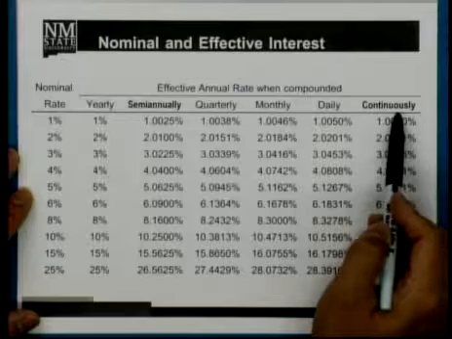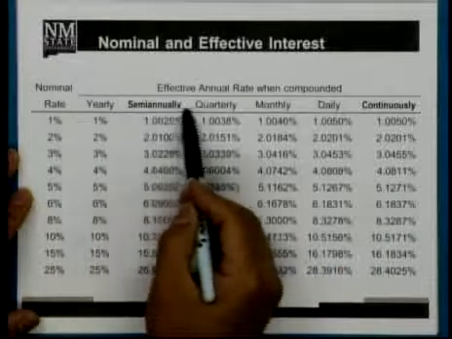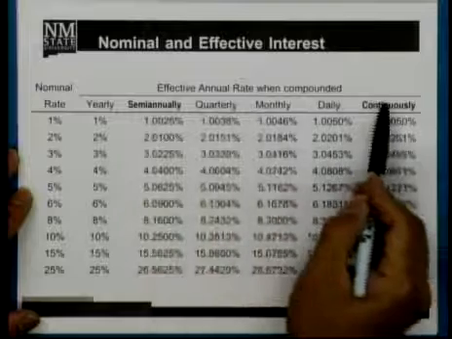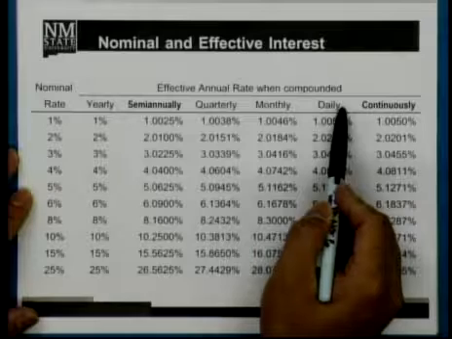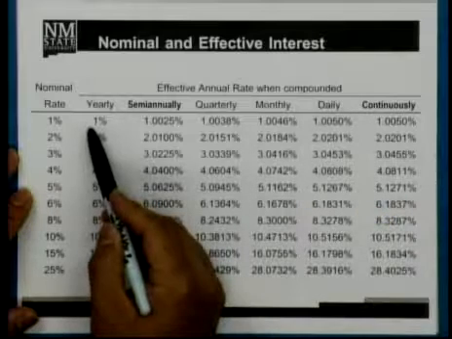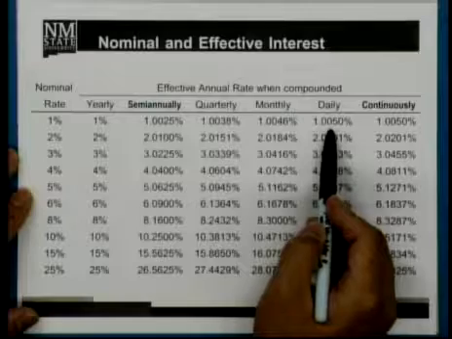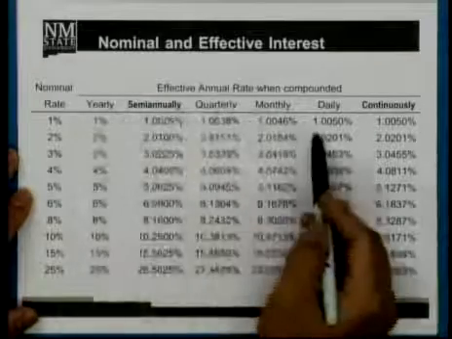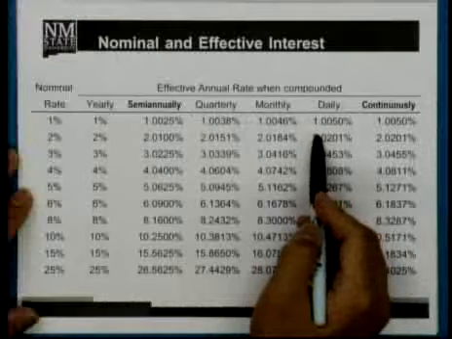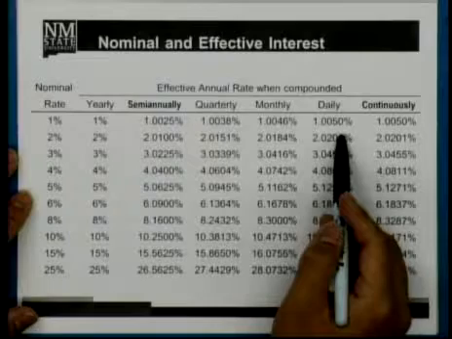So here, if you increase the frequency of compounding from year to daily, for example, what happened? The effective interest rate is increased as well. Of course, this change will have a huge impact if you are dealing with a huge amount of money. Okay?